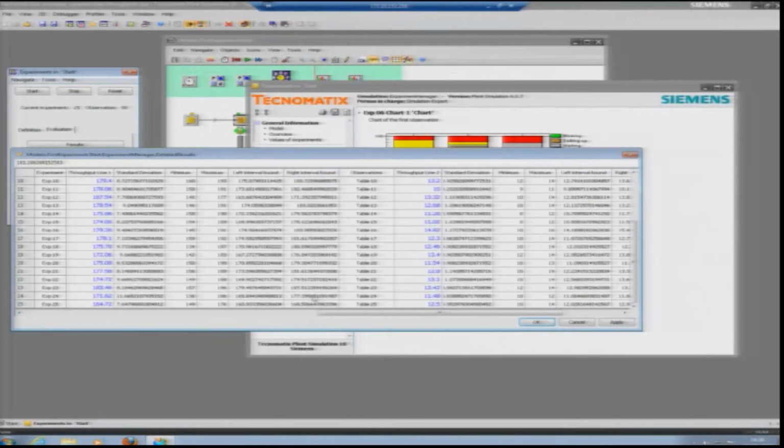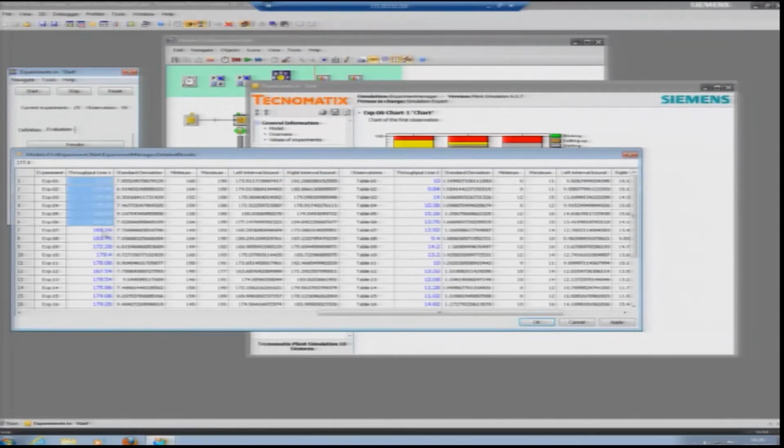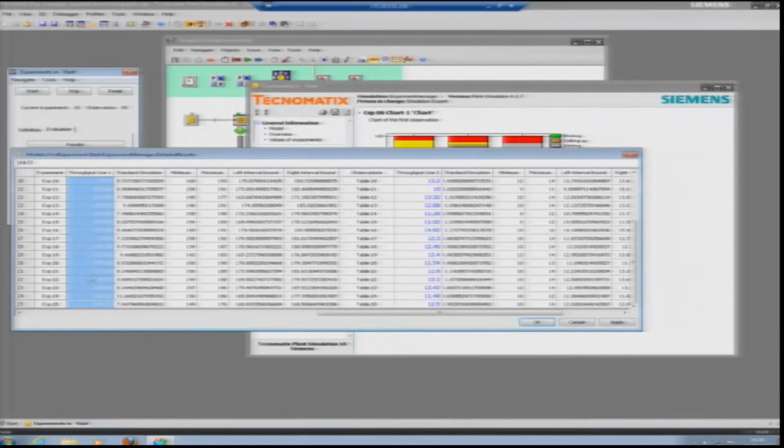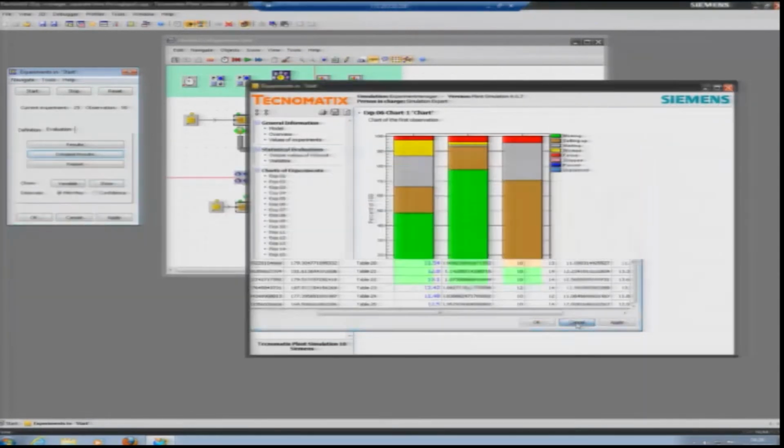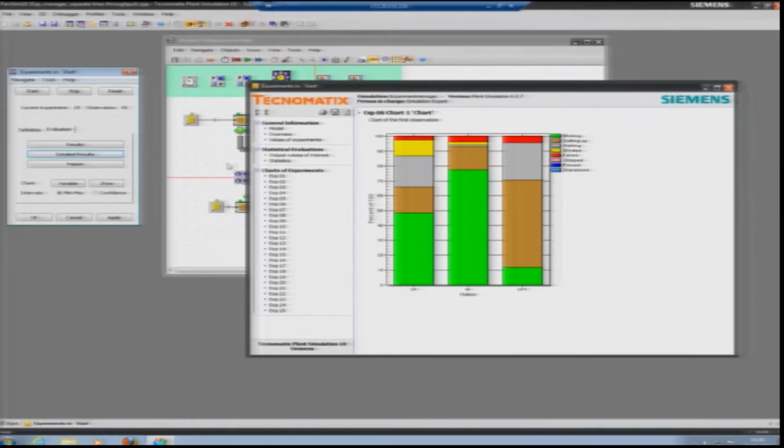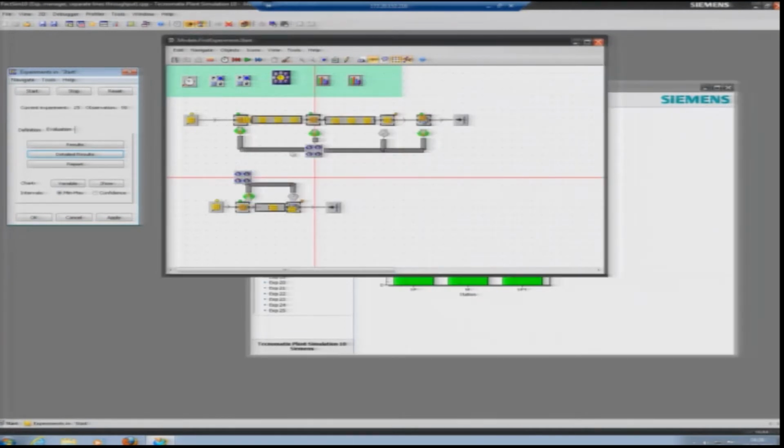So, this is the detailed result. The average throughput of the day would be the average of these 25 experiments. Now, this is our simulation of the scenario when the workplace, or I would say the worker pool, are separate.